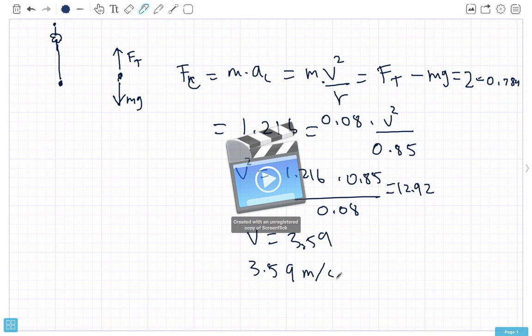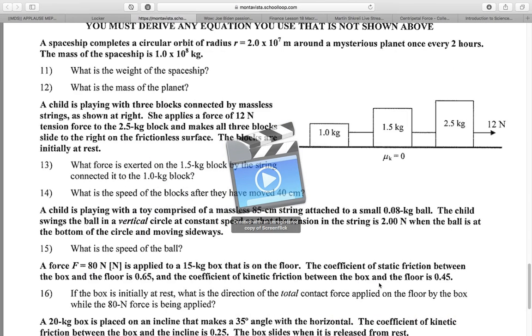It's meters per second, and it's moving left. It's moving up and left, basically. We'll just say left, because that's essentially where it's going, since this is at the bottom. Is it moving counterclockwise or clockwise?